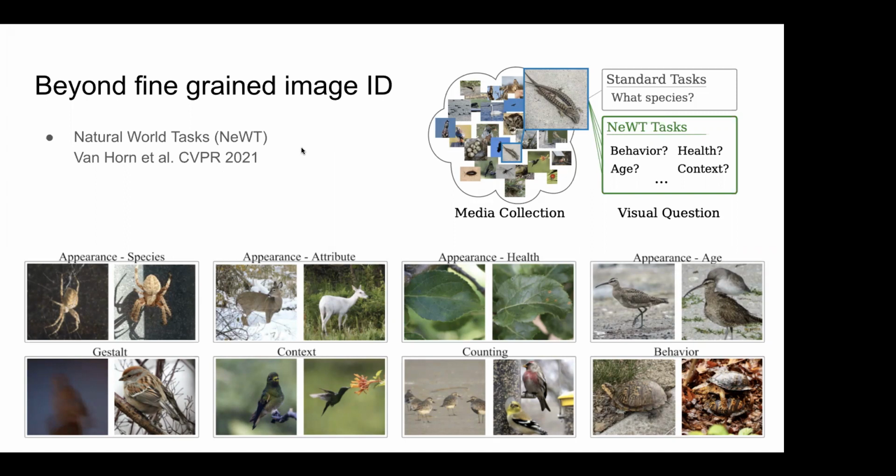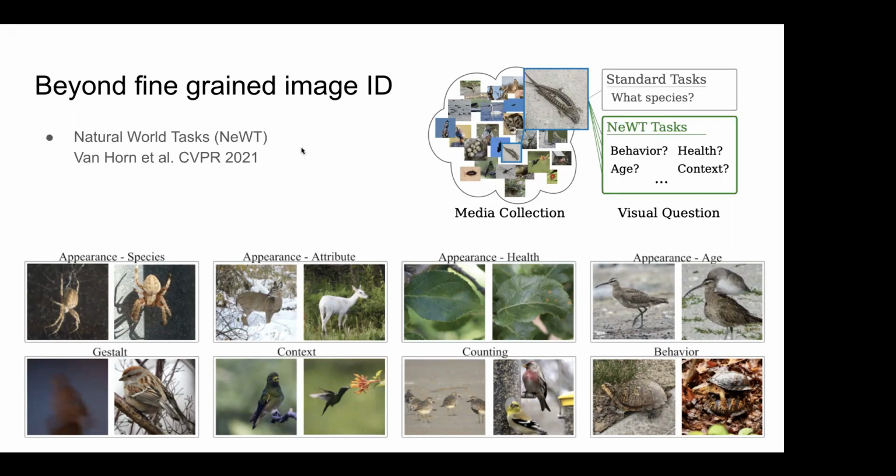What they're more interested in are downstream tasks. So in terms of modern computer vision and machine learning, we would think of this in terms of learned representations and how useful are those learned representations for different downstream tasks. So an example of that from Grant Van Horn and collaborators is something called NEWT, the natural world tasks.